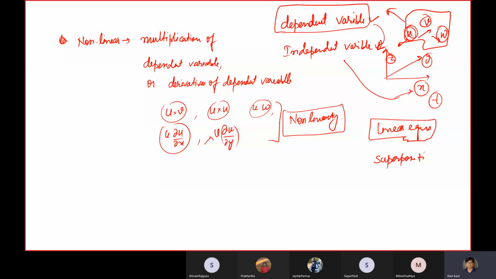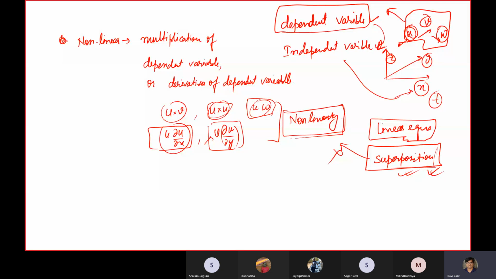Whereas in nonlinear equations, this superposition is no longer valid. Because of these multiplication terms, you may not do the superposition to seek the solution. That is why nonlinearities are often very tough to handle.